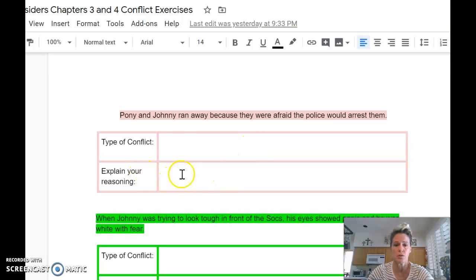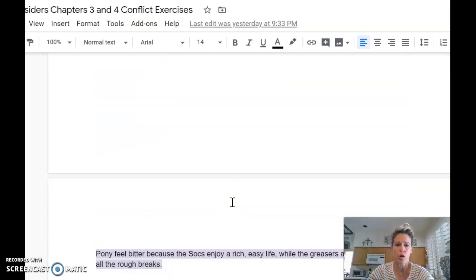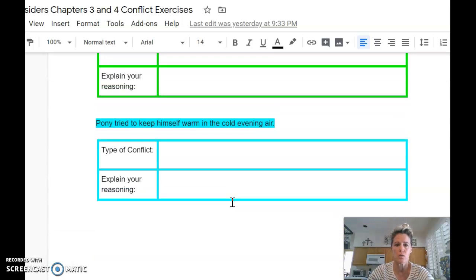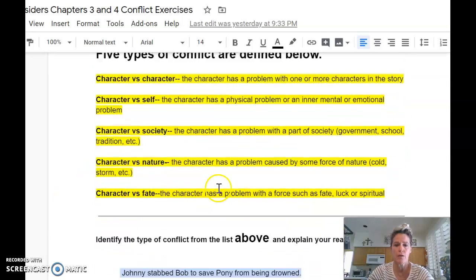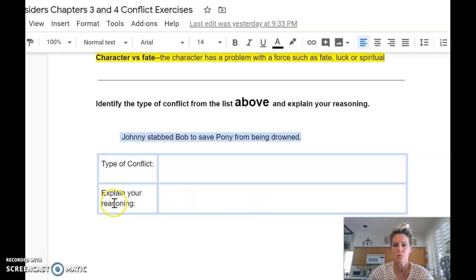And you would explain yourself by saying the police are an organized society and Pony and Johnny were afraid of them. You follow? So that's what you need to do for all of these, is go through and pick one of the types of conflict from this list and then explain what your reasoning is for choosing that conflict.